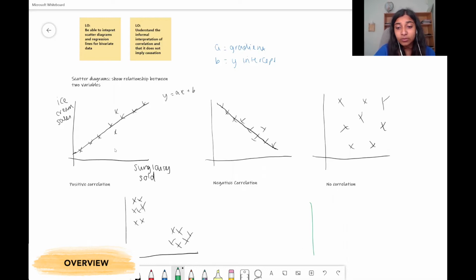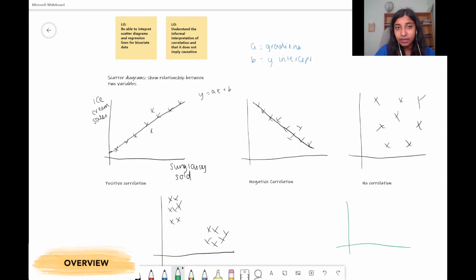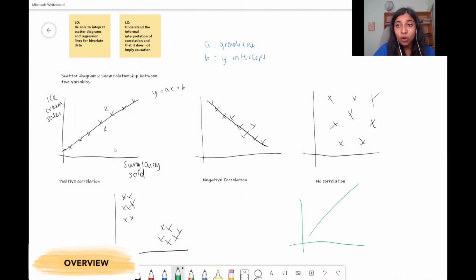So let's say you have a line of best fit like this, then a weak correlation would have only a few of the points on the line, but you still have an overall upward sloping regression line. There's an overall relationship that the more X there is, the more Y there is. And this line of best fit is also called your regression line.